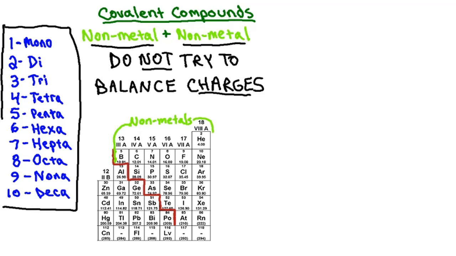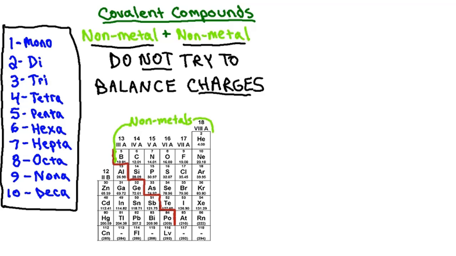which are numerical numbers represented with prefixes. So if you have 1 atom of an element, you're going to put the prefix mono in front of it. If you have 2 of something, you're going to have the prefix di in front of that word.